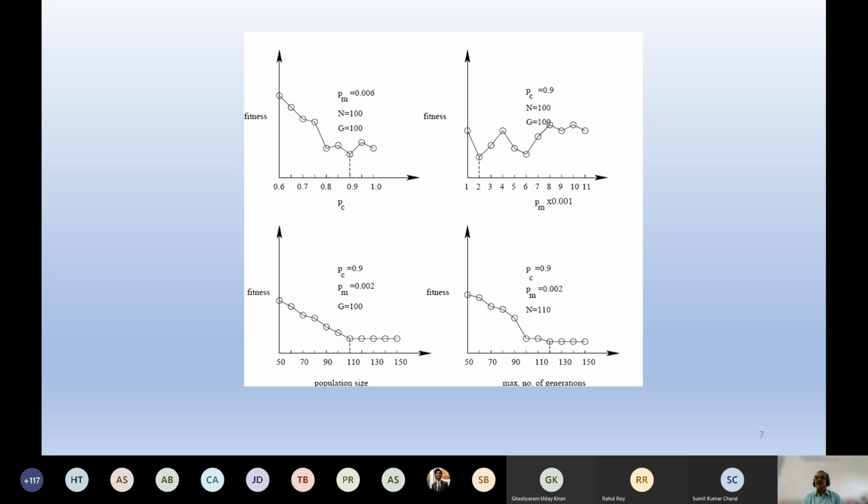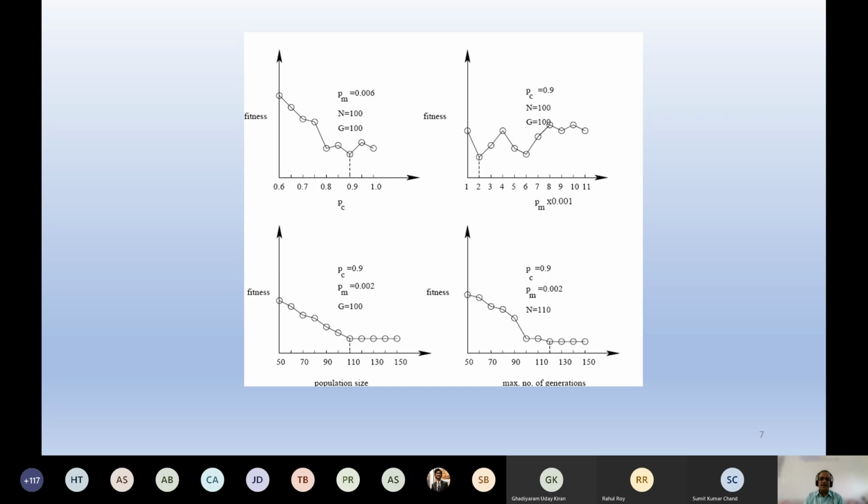Next is the role of mutation. We have already discussed that mutation helps to reach the globally optimal solution. It can throw at least one solution to the global basin. But if the PM is too high, this will become a random search method. An already found good solution could be lost, so PM cannot be set to a very high value.